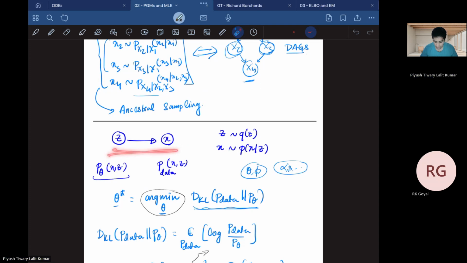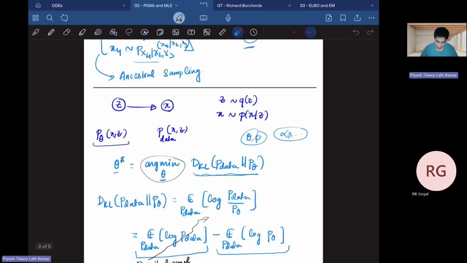There are just two nodes, Z and X, and an edge going from Z to X. From the generative view, if you want to sample X, you can sample Z first and then sample X using the conditional distribution P(x given z). This was the simple thing, nothing fancy.